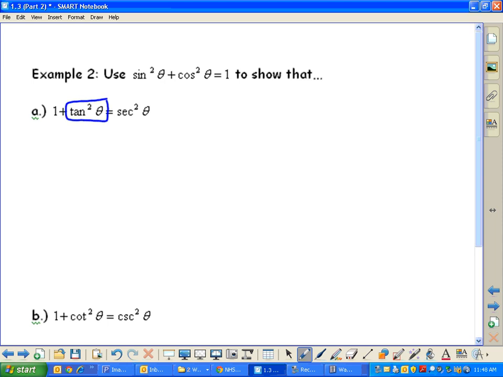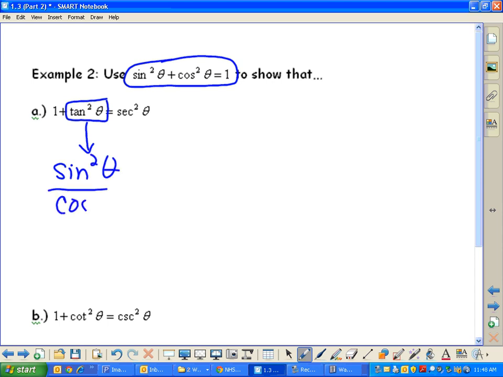And in a way, I could rewrite that, because my mission is to show that this thing actually relates back to sine squared theta plus cosine squared theta equals 1. And by my quotient identity, what I'm coming to understand is that tangent squared theta is the same as sine squared theta over cosine squared theta.